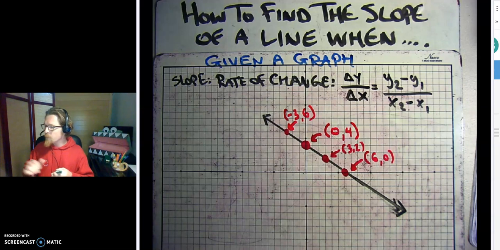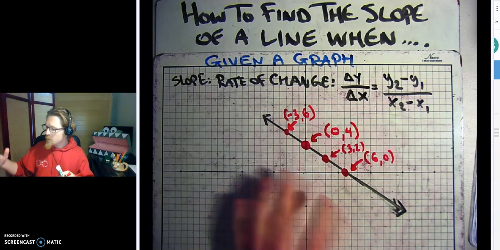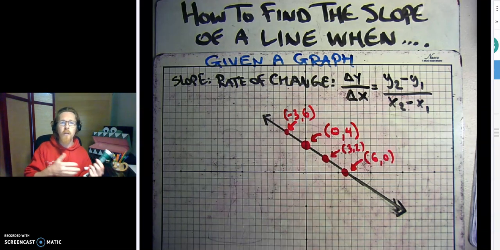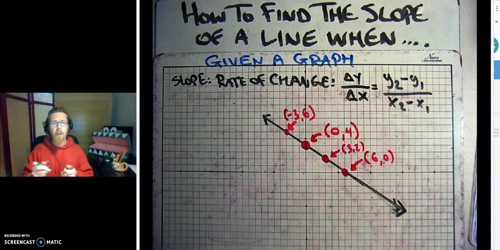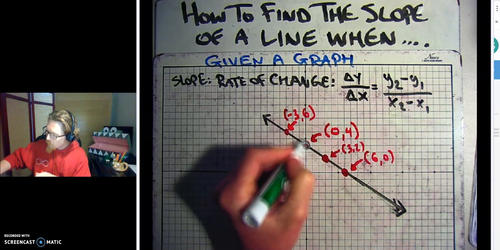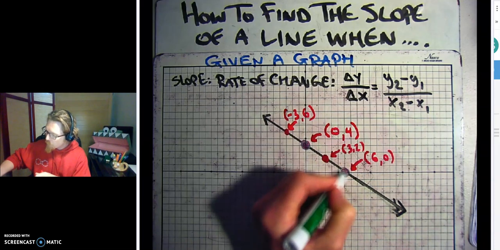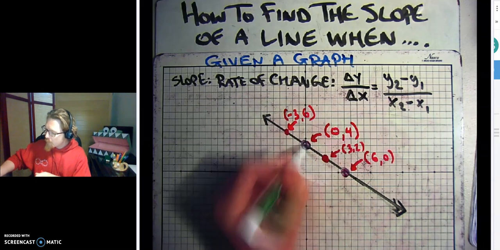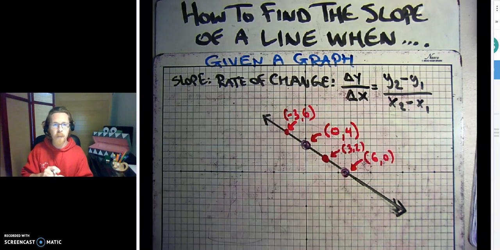But take a look at this. I know that my slope is going to be the change in y over the change in x. And so I'm asking, how do I move from one point on the line to the next point? One way that we can think about this, I'm going to use the two intercepts that we originally found as our examples.